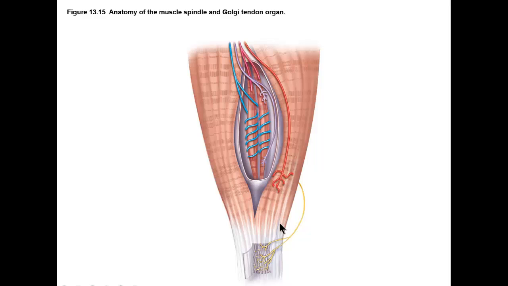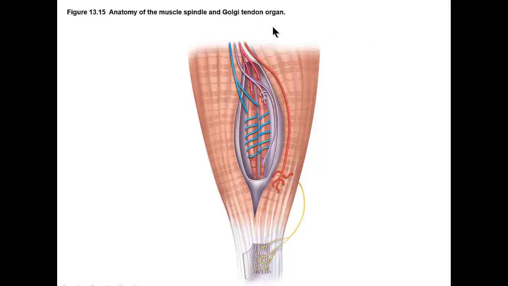And the Golgi tendon organ helps control the tension in the muscle. So think of tendon, tension, and spindle has an L in it, and ends with LE, and that controls the length of the muscle. So two different structures involved with, again, body position, keeping us upright, keeping our muscles contracted to maintain a standing position, for example.